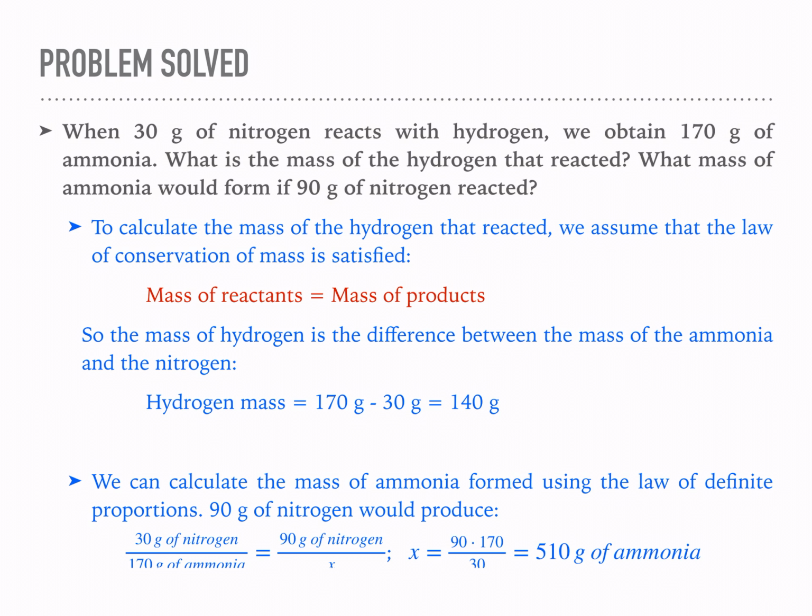If I do the opposite, what is that quantity that I don't know? What's the hydrogen? If the total is 170, then I just need to subtract 30 to know that the hydrogen is 140, because of course 30 grams of nitrogen plus 140 grams of hydrogen has to be equal to the product, that is 170 of ammonia.